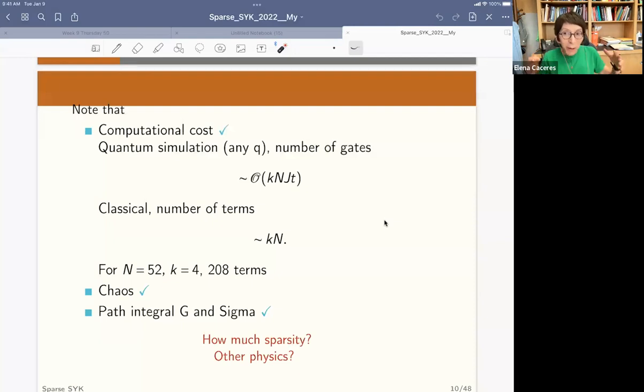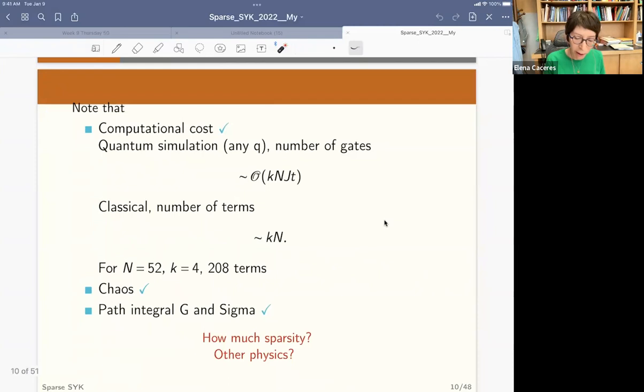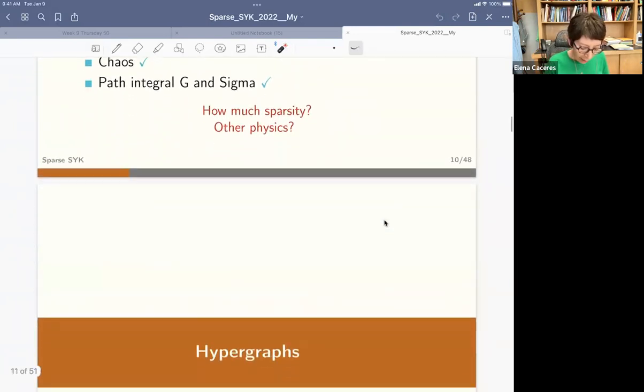It's an open question: how much sparseness can I have, and can we use the sparse SYK to see physics that we couldn't with the SYK because it was so computationally expensive? That's essentially the theme of the talk.